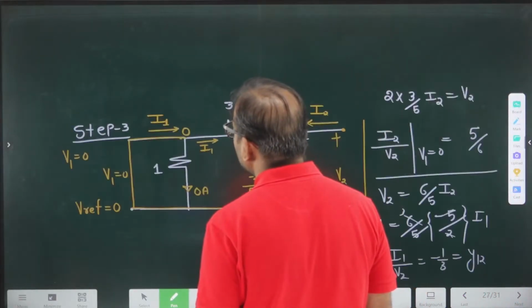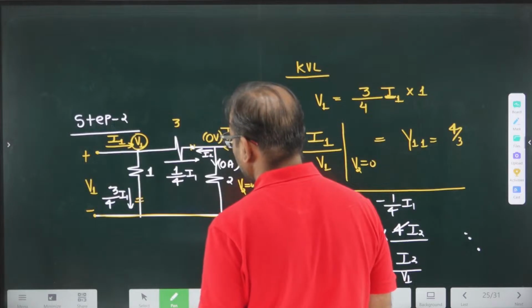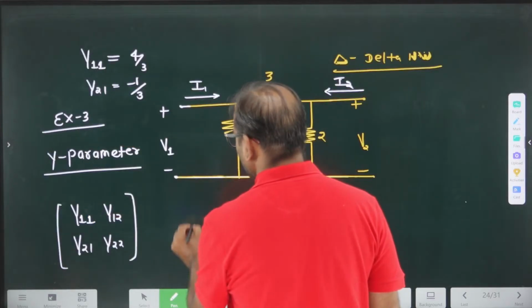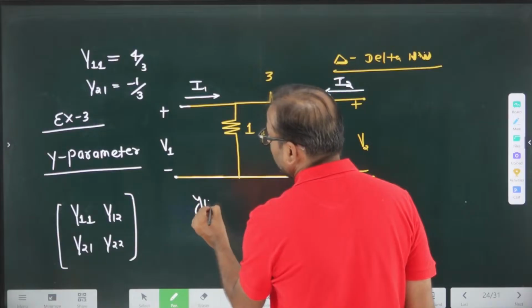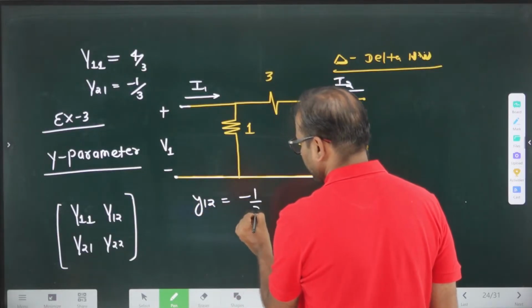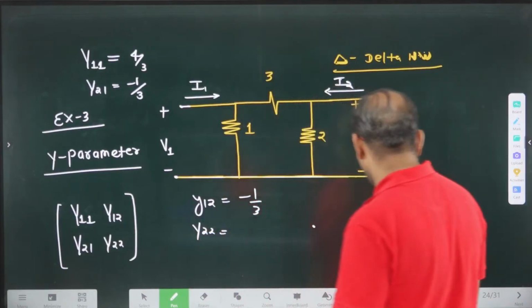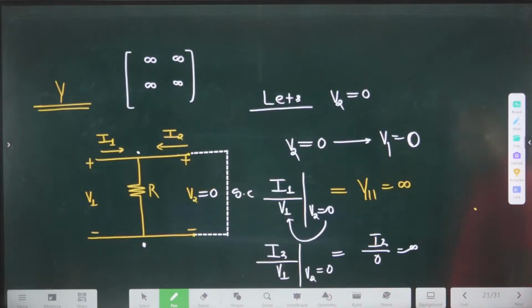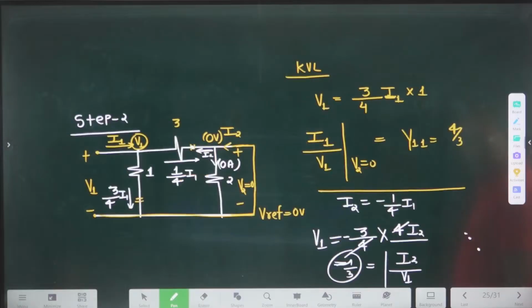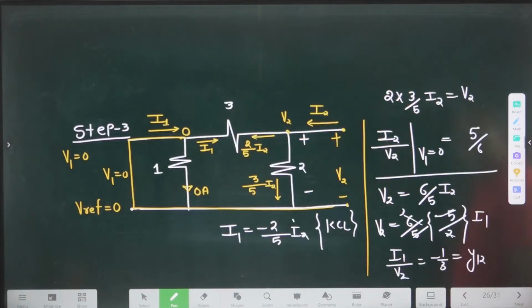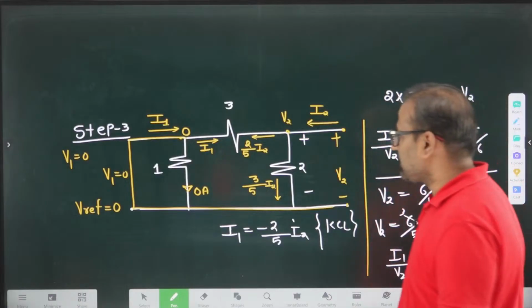So Y12 is minus 1 by 3, and what is the value of Y22? Y22 is 5 by 6.